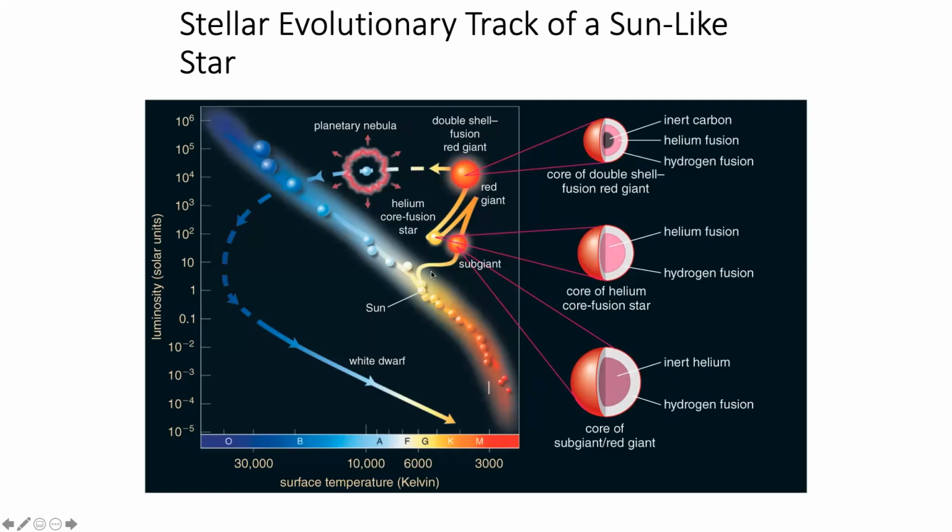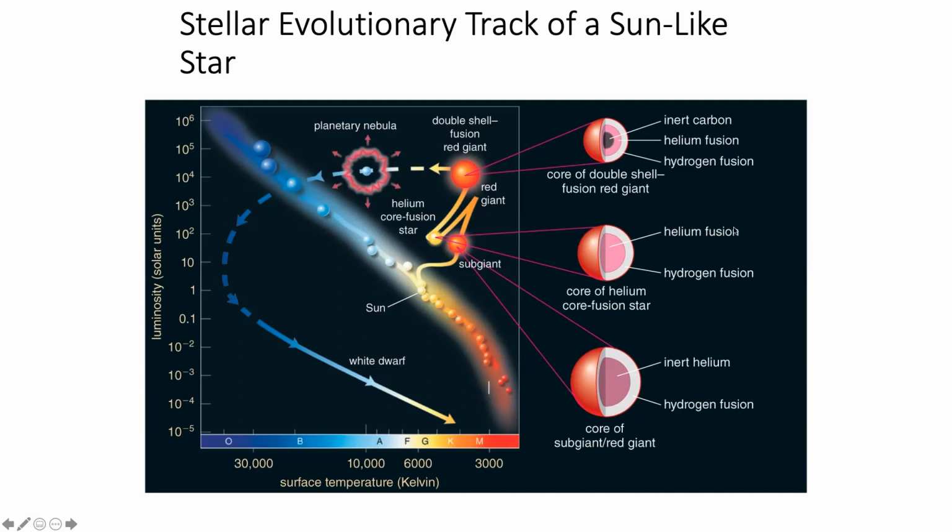If you're following my mouse, the sun leaves the main sequence, becomes a subgiant, grows, grows, grows, and then right around here, we have the helium flash. The helium flash where the core cools down a bit, the surface gets hot still, and the luminosity decreases, and that inert helium core begins to undergo nuclear fusion.